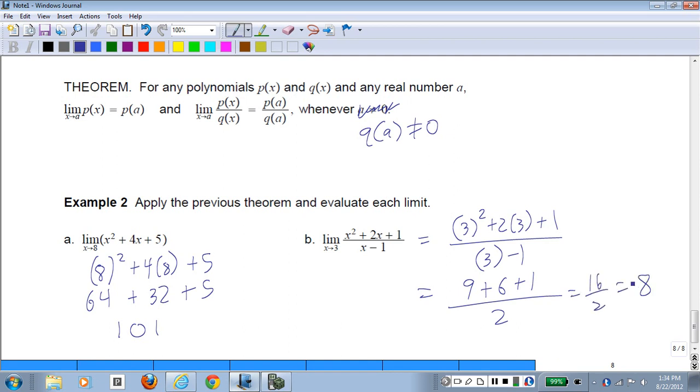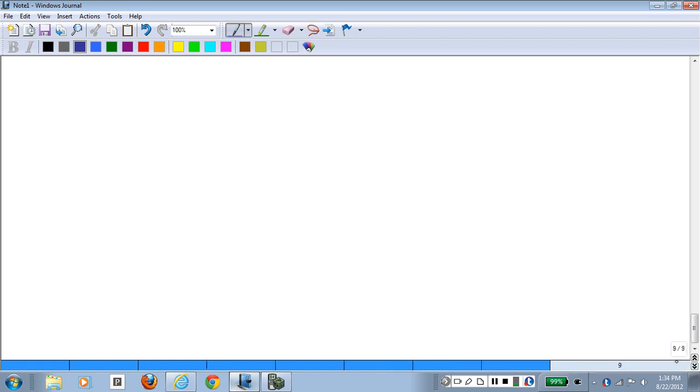There we go. So polynomials and, for the most part, rational functions are very nice in that wherever they are defined, their limits are equal to their values. When we get to continuity, basically we're saying these functions are continuous wherever they're defined.